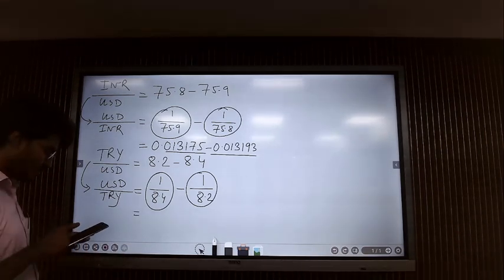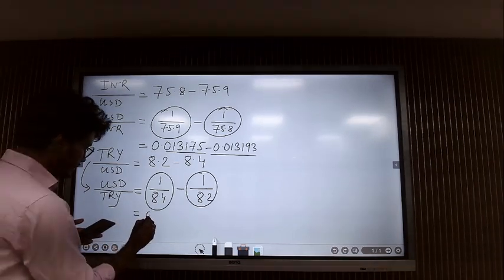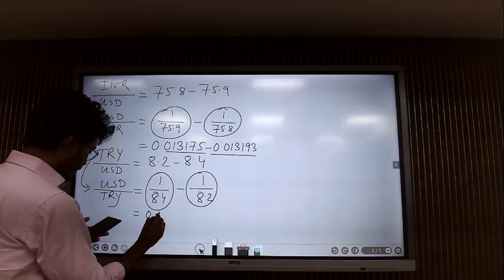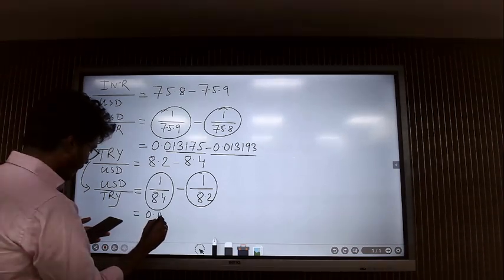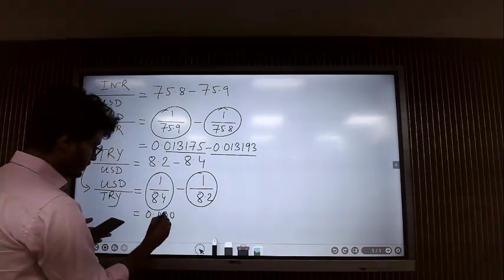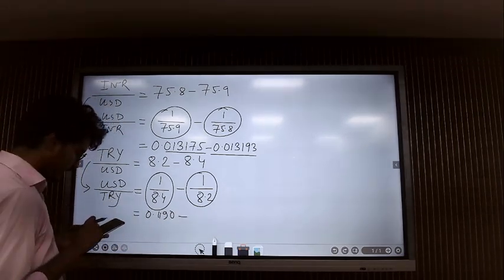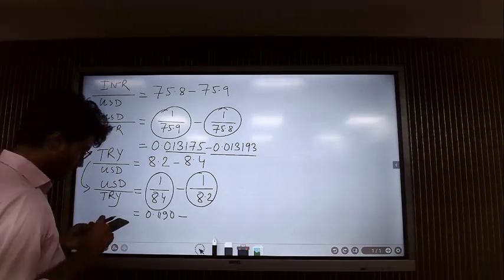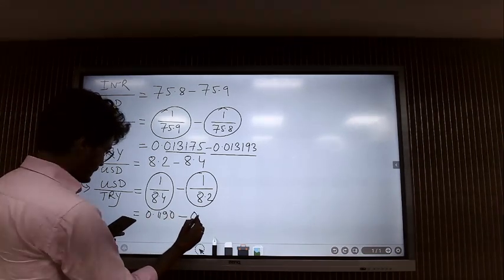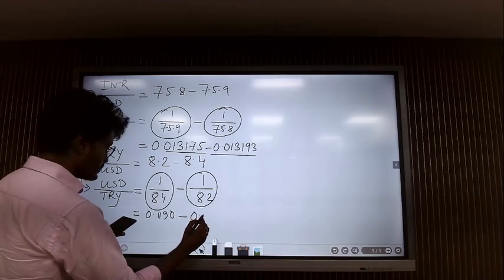And 1 by 8.4 is 0.1190 and 1 by 8.2 is 0.1219.